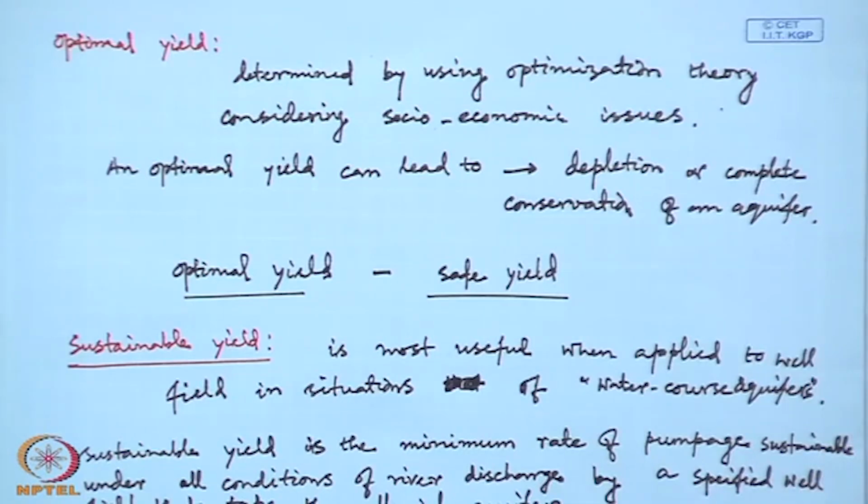In case of safe yield, it should be the maximum annual withdrawal from an aquifer that still maintains the sustainability of the aquifer, and optimal yield is determined by using optimization theory considering socio-economic issues.